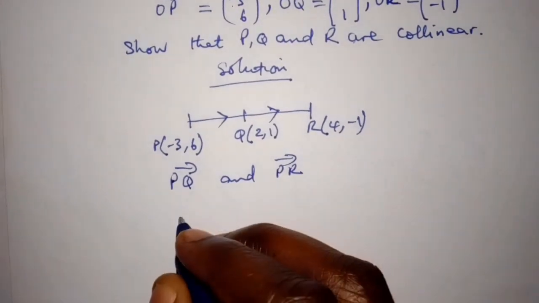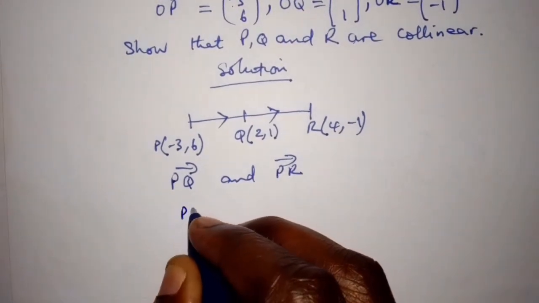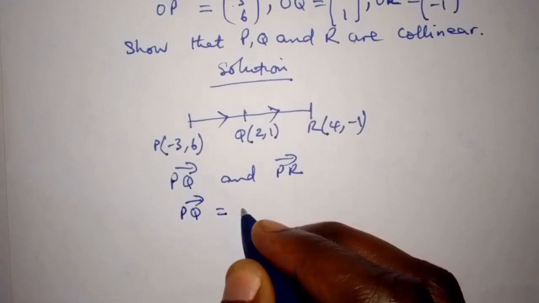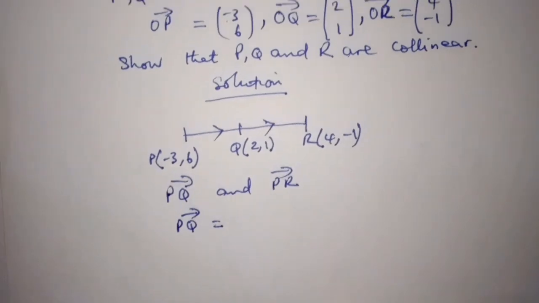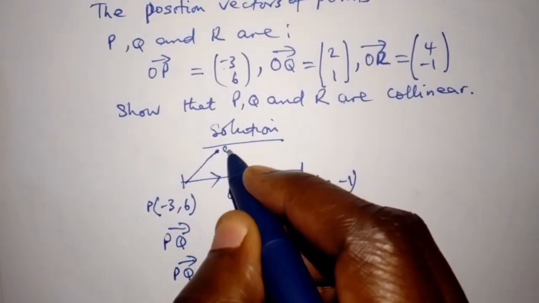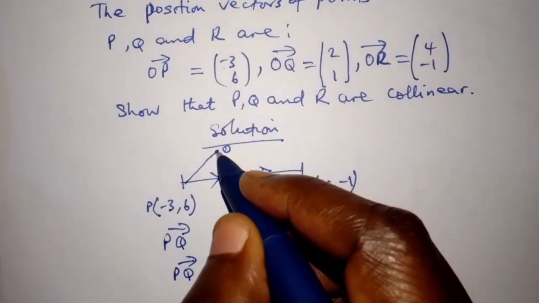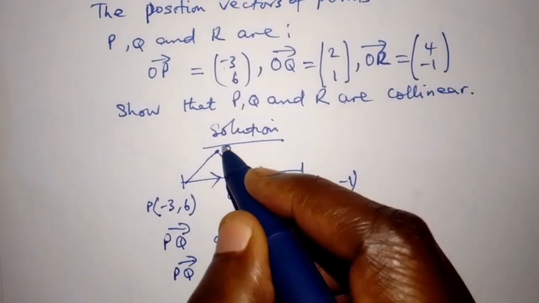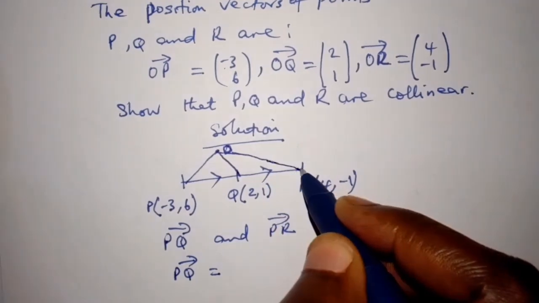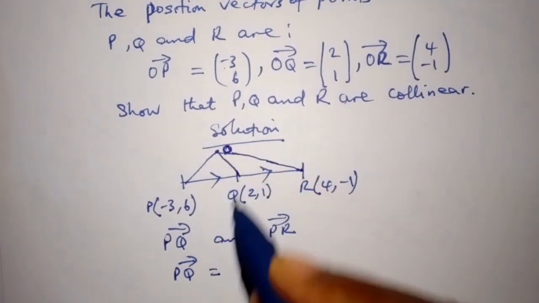Now we can say that vector PQ is equal to... we can take our origin O to be somewhere here.